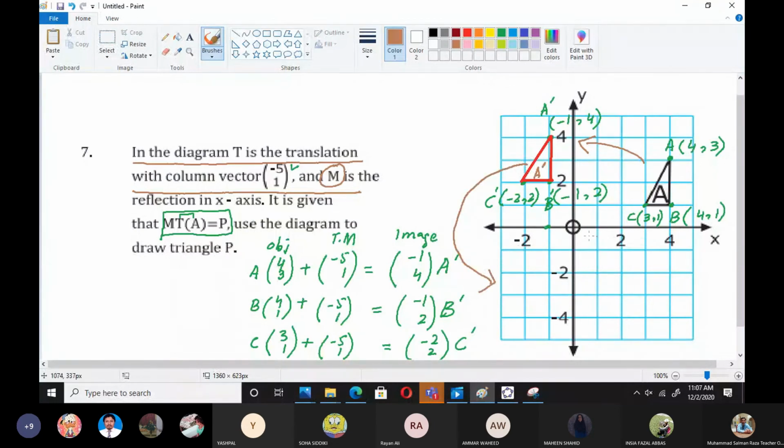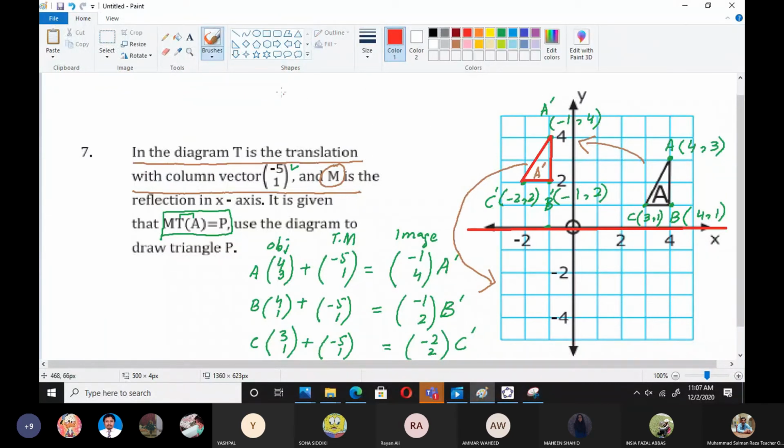So reflection through the x-axis will be done, because this is already mentioned over here. Look at it.